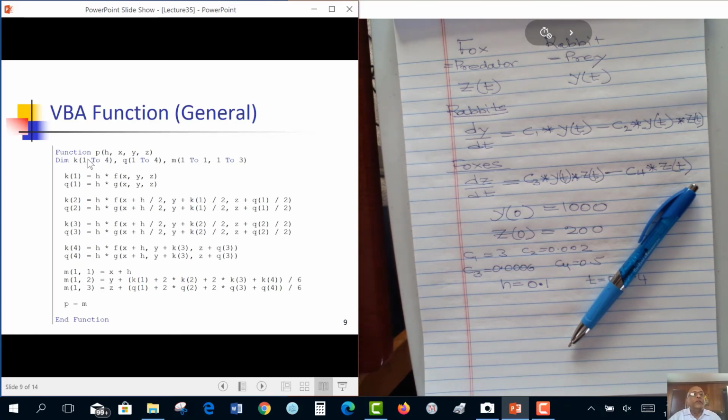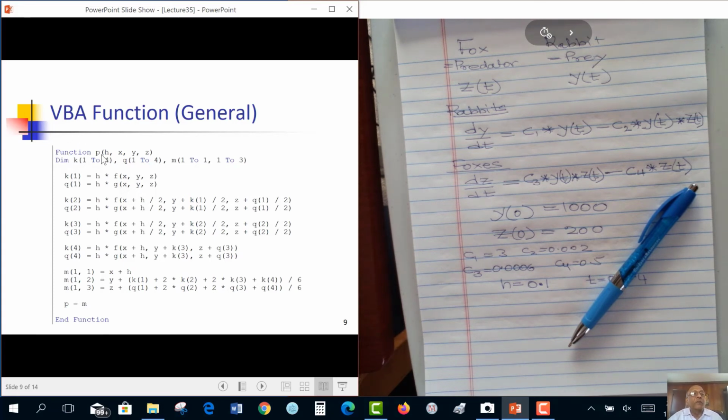Before we use the spreadsheet, we are going to set up our Visual Basic functions where we can put in all these k1, q1, k2, q2, k3, q3.